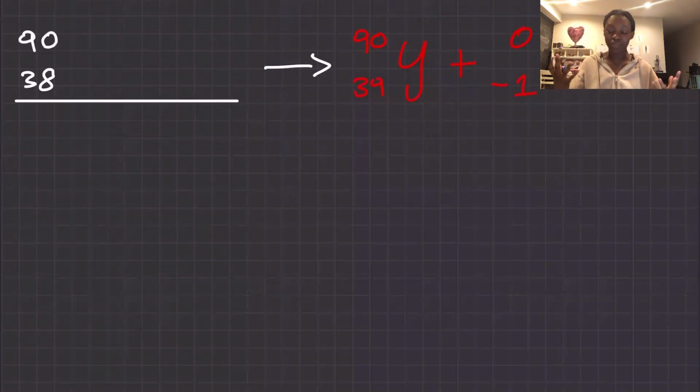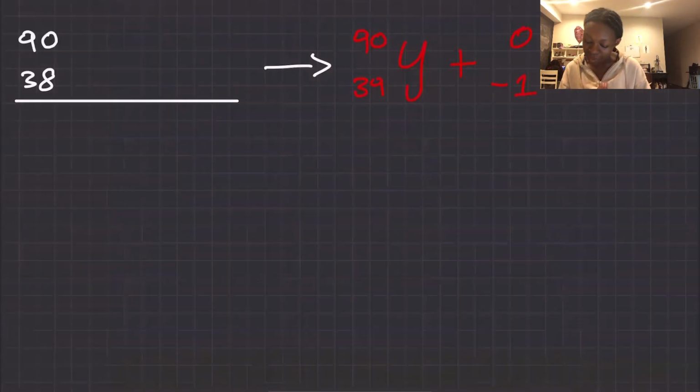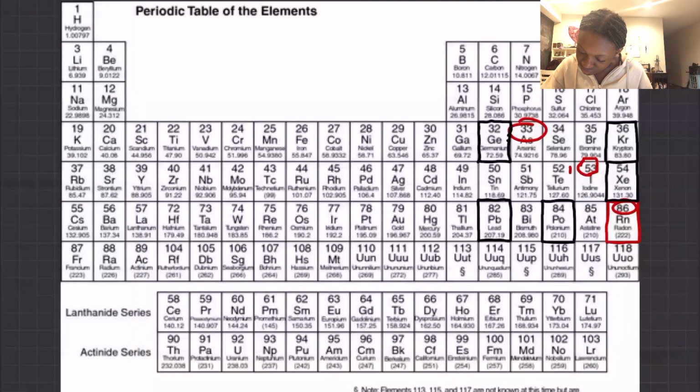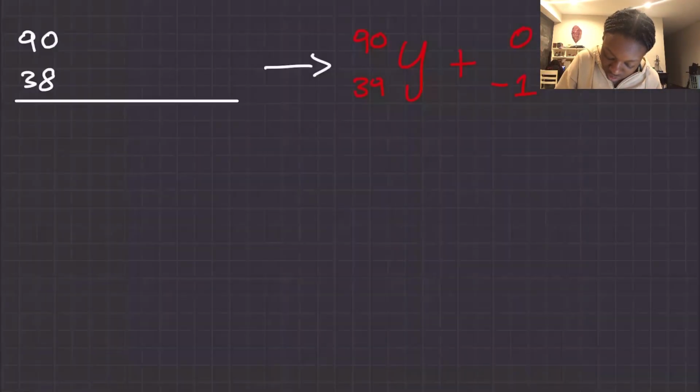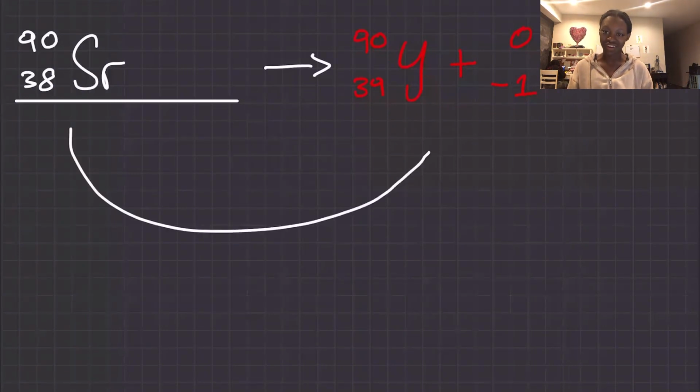Let's put our brains together and think, what element has an atomic number of 38? Let's look, and it is strontium. So the reactant for this nuclear equation was strontium, and strontium reacts to form these two products.